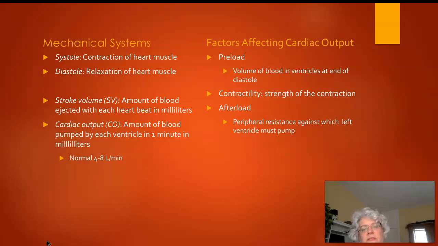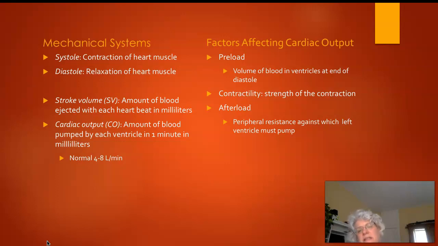The stroke volume is the amount of blood pumped out of the heart with each beat, and it's measured in milliliters. And the cardiac output is the amount of blood pumped out with each minute. And that's also measured in milliliters. The preload is the amount of blood in the ventricles at the end of the diastole, so at the end of the relaxation period of the heart cycle.